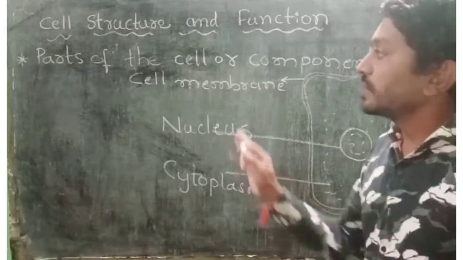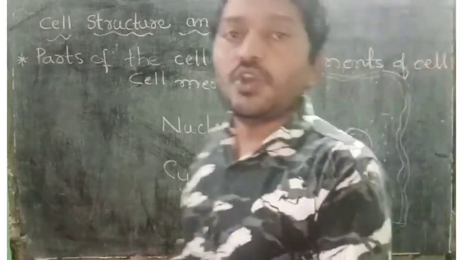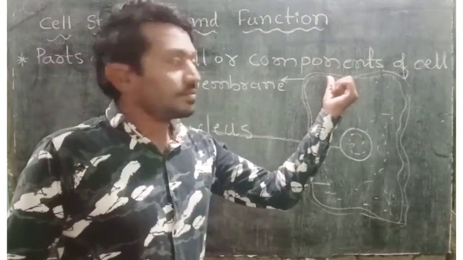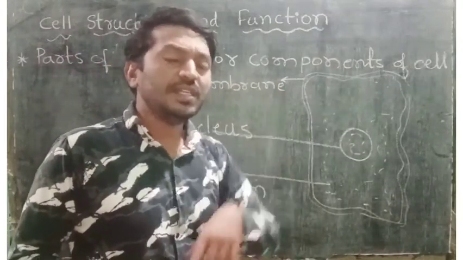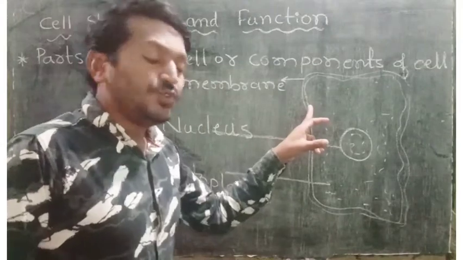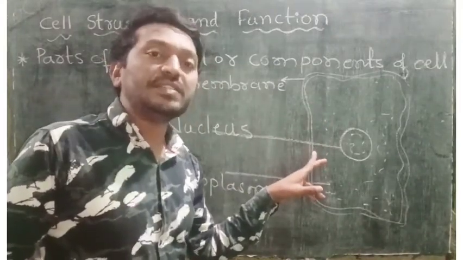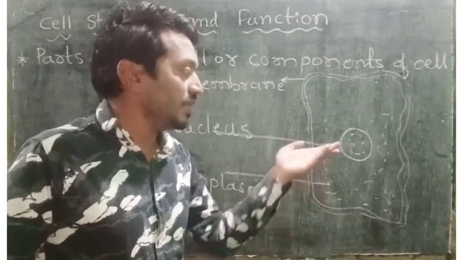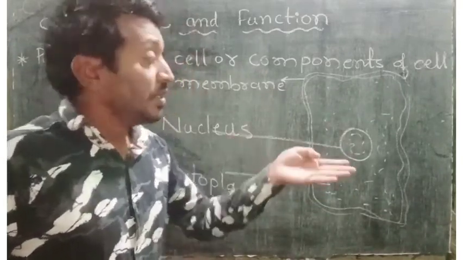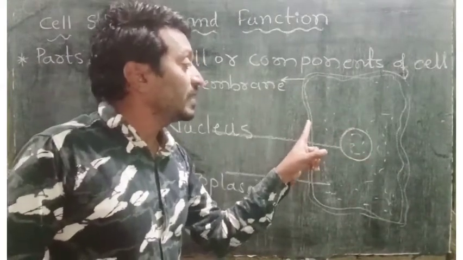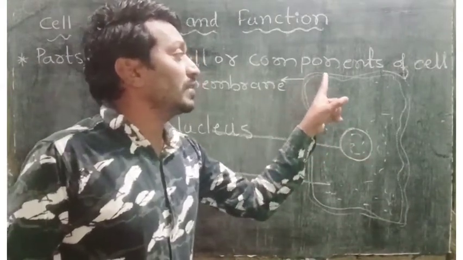Dear students, as you know already, this is the cell wall. What is the cell wall? As you know already, the cell membrane gives definite structure and shape to the cell. In addition to the cell membrane, there is a thick layer present outside the cell membrane.